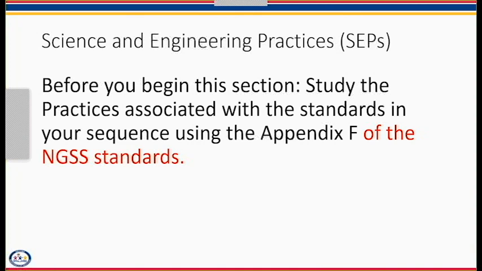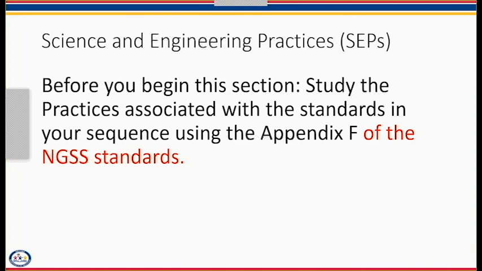This document breaks down the science and engineering practices into what's called elements. It is Appendix F of the NGSS standards. Now, we are not NGSS, but our science and engineering practices are exactly the same as NGSS because we both used A Framework for K-12 Science Education to write our standards.